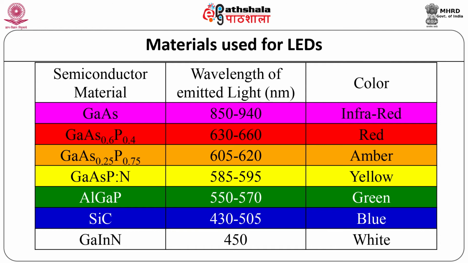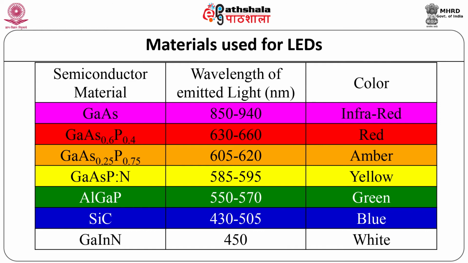Green has semiconductor materials as aluminum, gallium and phosphorus emitting in the range of 550 to 570 nanometer, while blue LEDs use silicon carbide emitting wavelength 430 to 505 nanometer. White LEDs use gallium, indium and nitrogen with wavelength 450 nanometer. Nowadays, OLEDs are available which emit white color.